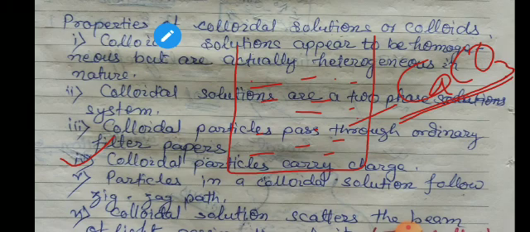Because of repulsion, all the particles of calcium carbonate in lime water remain away from each other. So this is the fourth property of colloidal solution.